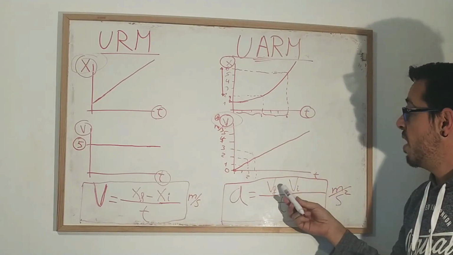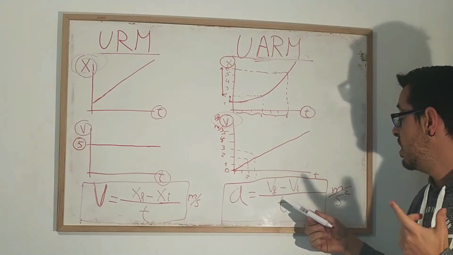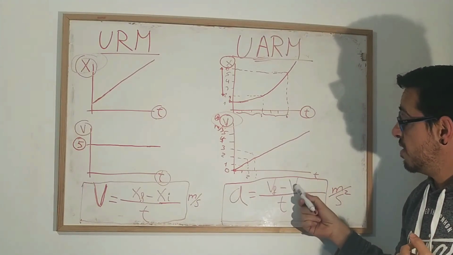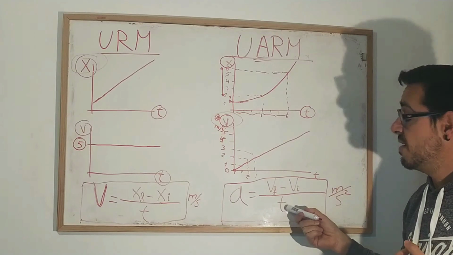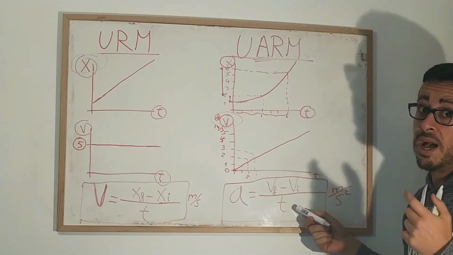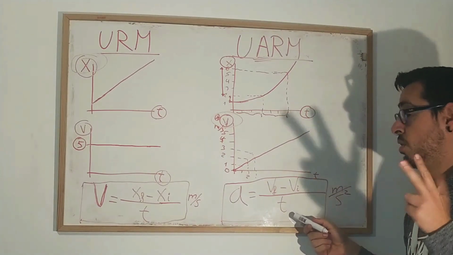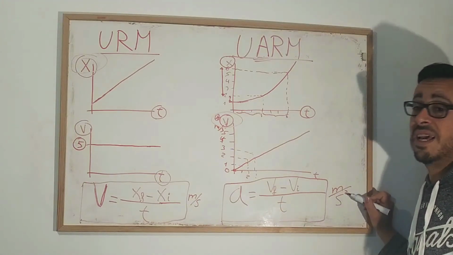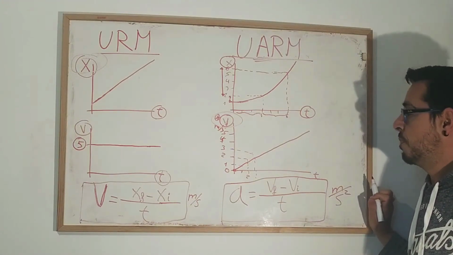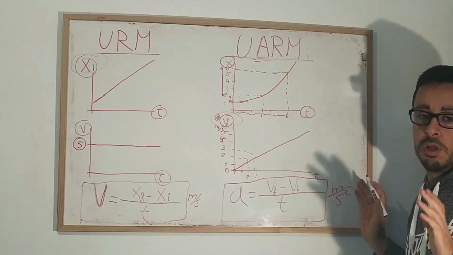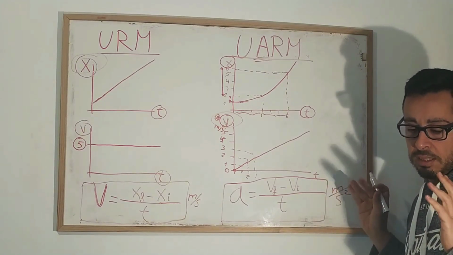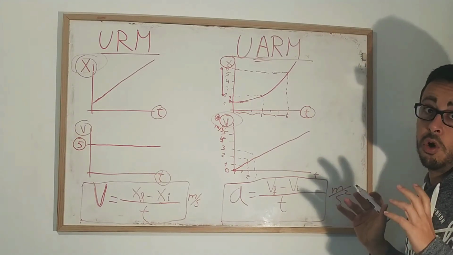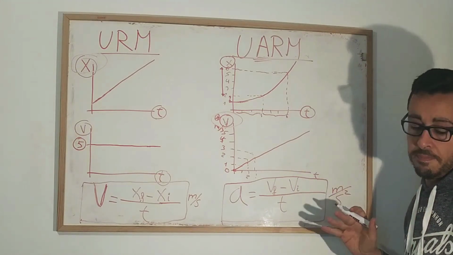But here we have the velocity, and velocity is meters per second, and here the time is in seconds. So we have seconds twice. So that's the reason why the unit is in square seconds. So this is the base for doing all problems.